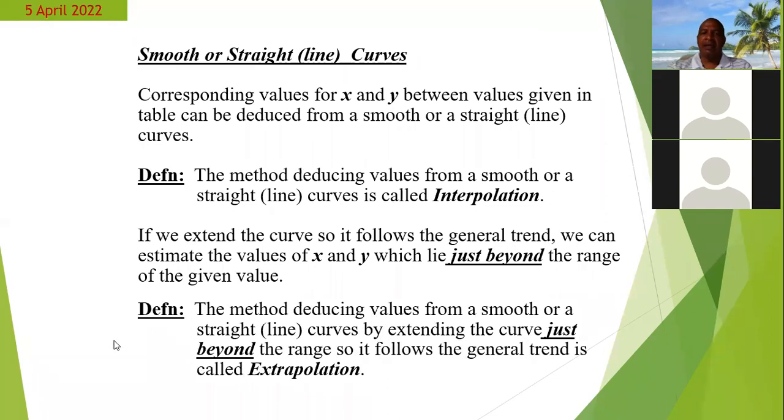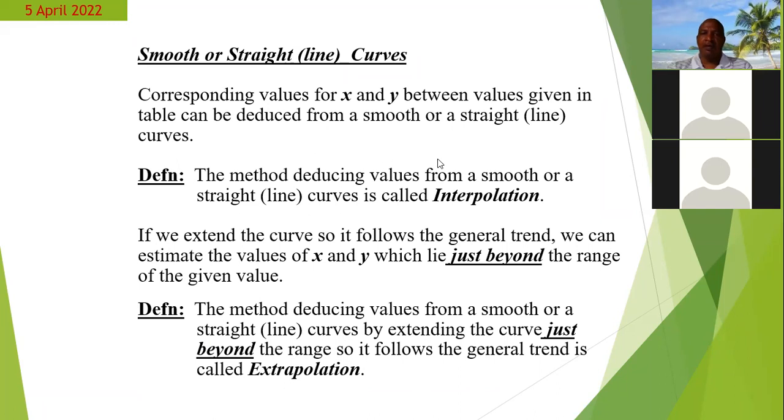The method of deducing values from a smooth curve or a straight line by extending the curve just beyond the range so that it follows the general trend is called extrapolation.